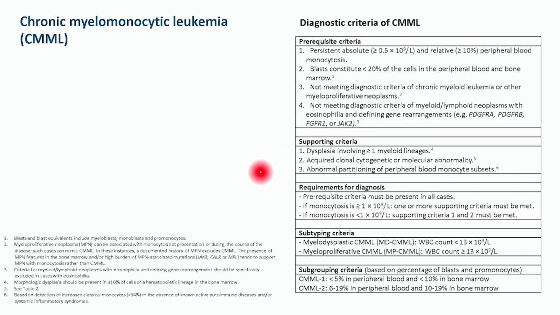We need supporting criteria for this, either presence of dysplastic changes involving at least one myeloid lineage in the bone marrow, presence of an acquired clonal cytogenetic or molecular abnormality, or abnormal partitioning of peripheral blood monocytes. They included what we called before oligomonocytosis, which is an increase in the peripheral monocytes above 0.5 but less than 1 absolute count.